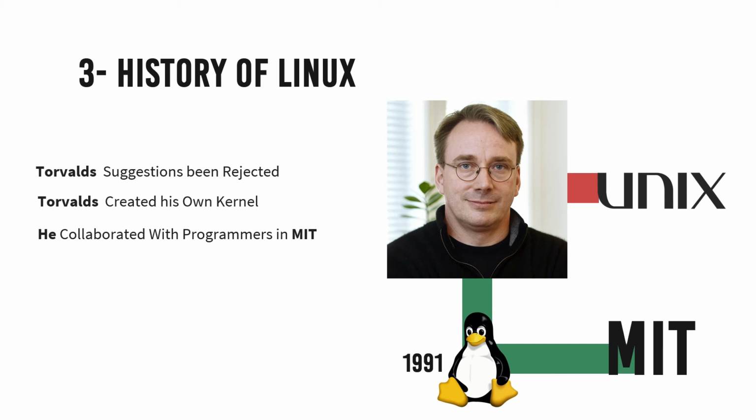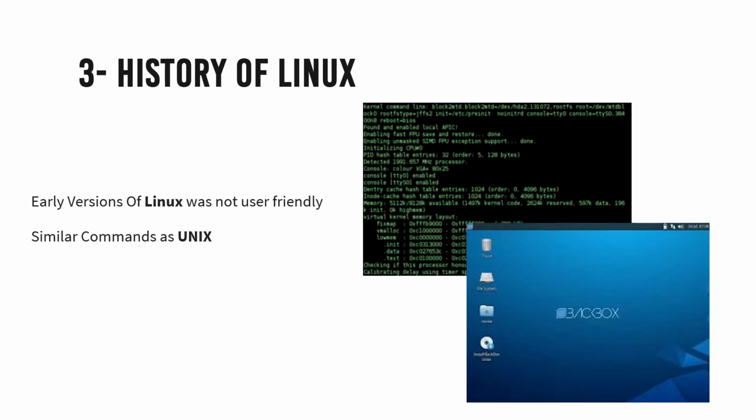He created the operating system, but he needed some applications to run on his invention, so he collaborated with some programmers at MIT, Massachusetts Institute of Technology. They created some applications and made them run on the Linux kernel. The early versions of the operating system were complex and not user friendly.